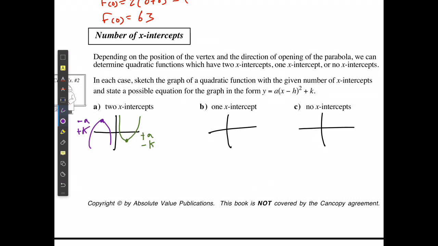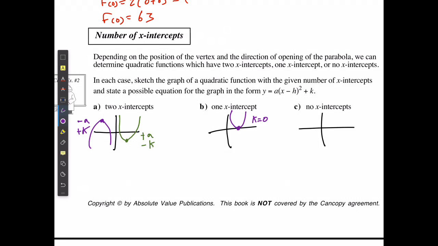I'll have one intercept, no matter if it opens up or down, if the vertex occurs on the x-axis. That will only ever occur if k is equal to 0, because I need to have a y value of 0 at the vertex.